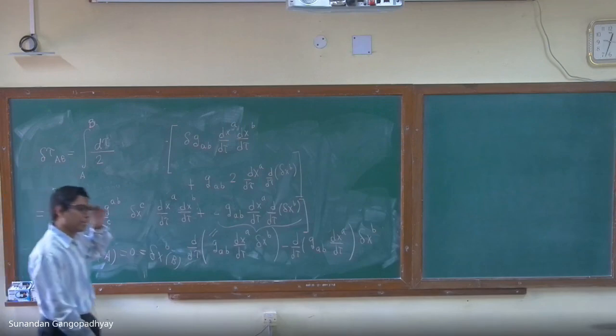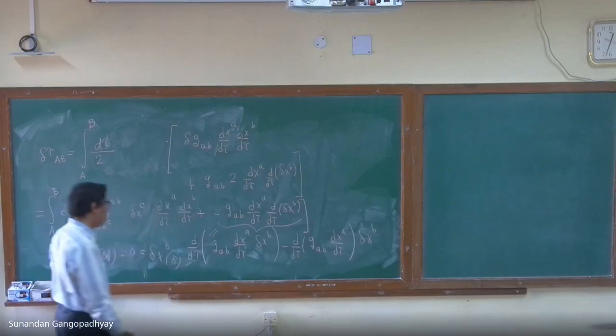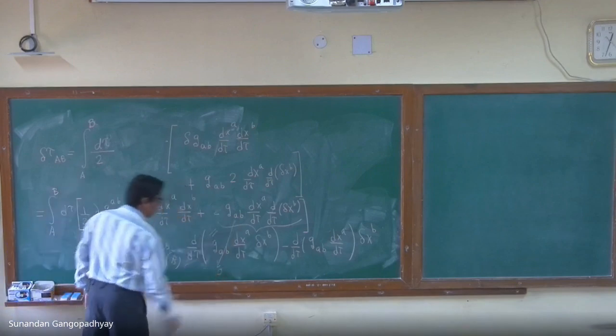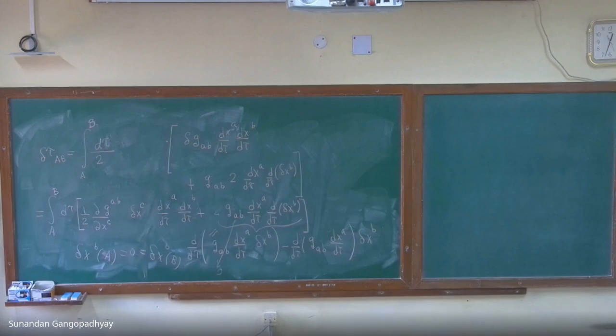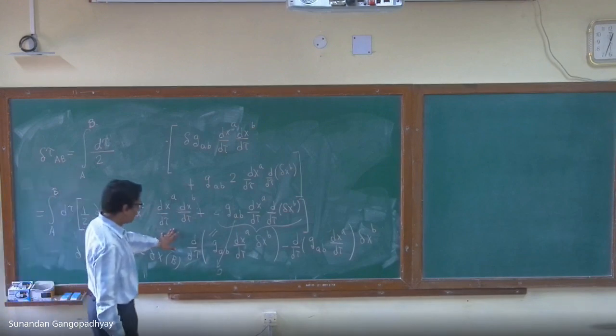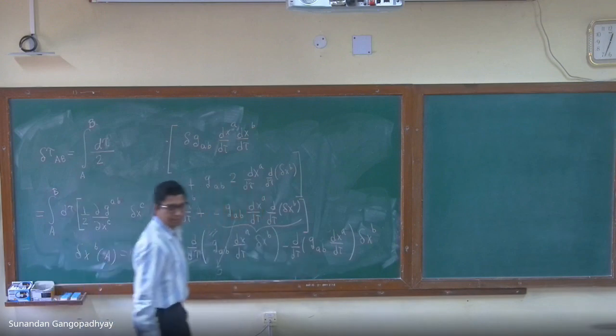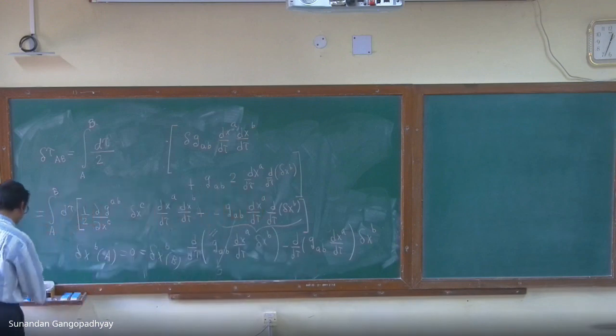There are no variations. Variations are not allowed. That is what you do in classical mechanics. Then this term goes to 0. This term is 1. Therefore, what we have is the first term, this term, and this term. Only two terms.